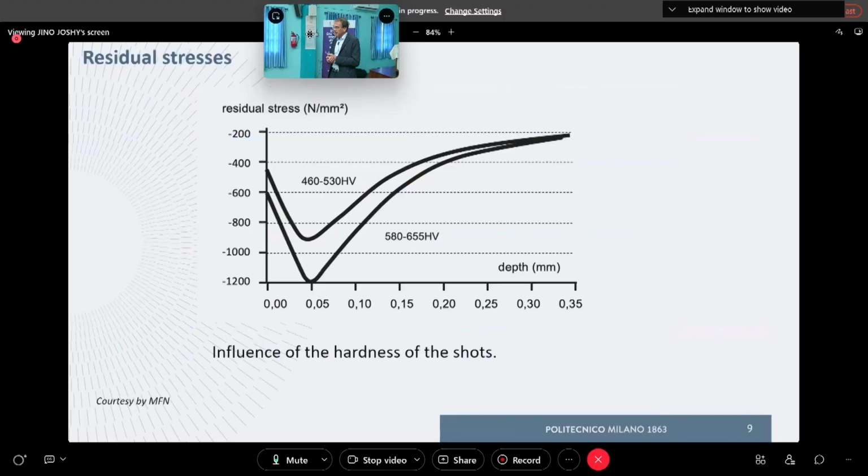Let's see some other influence of the hardness of the shot here. We see here two different cases; all the other parameters are the same. What is changing here is the hardness of the shot. One could be cast iron, the other one cut wire. And we see that there is a severe influence of the hardness of the shot.